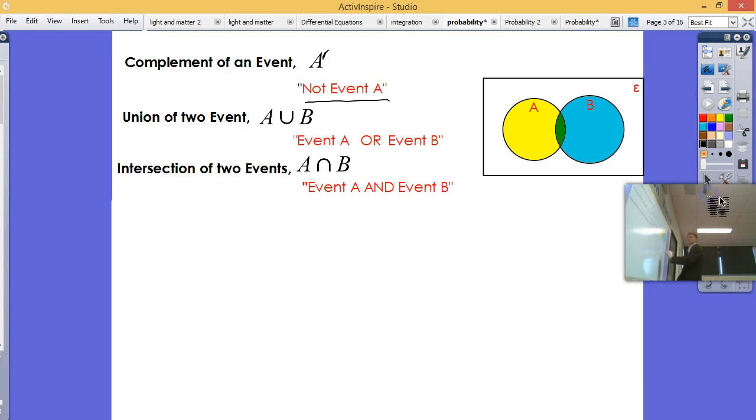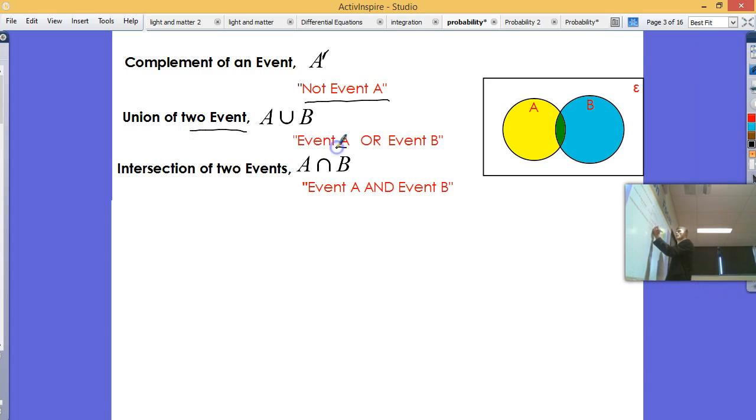The union of 2 events is event A or event B. Okay? The intersection of 2 events is event A and event B occurring together, at the same time.